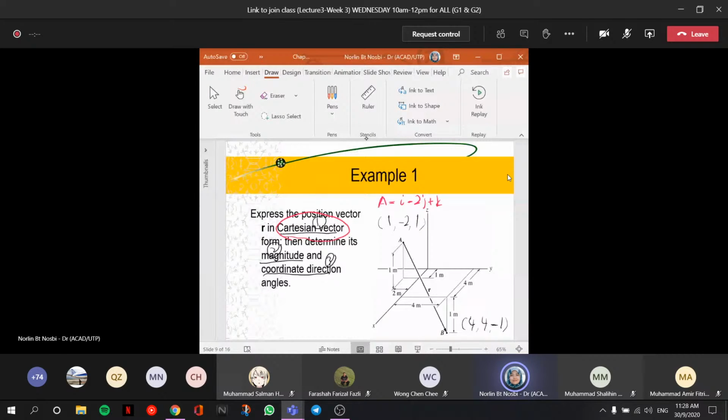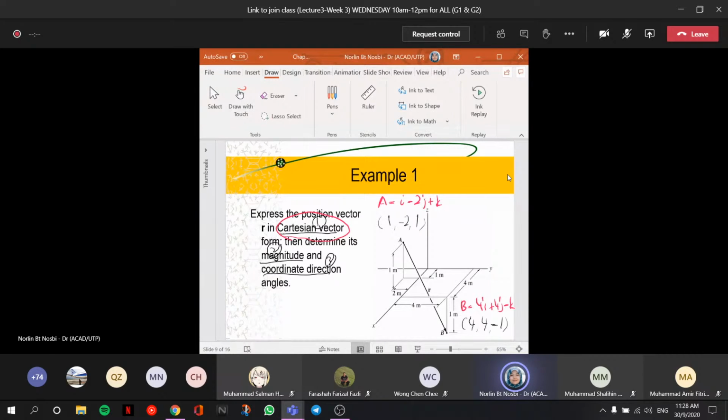Okay, now you know the Cartesian vector for A and B. However, you need to find the position vector R.